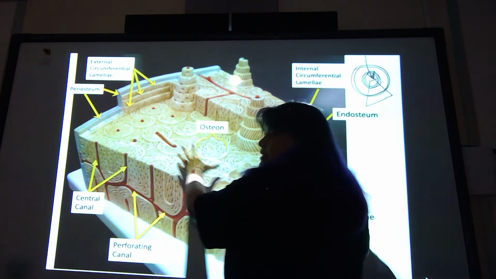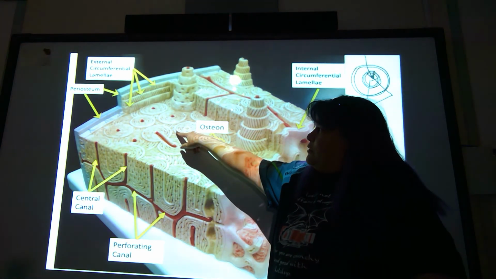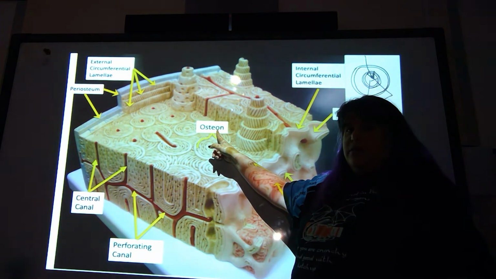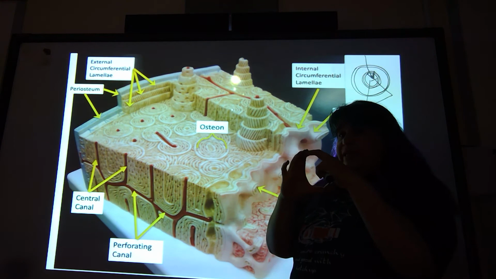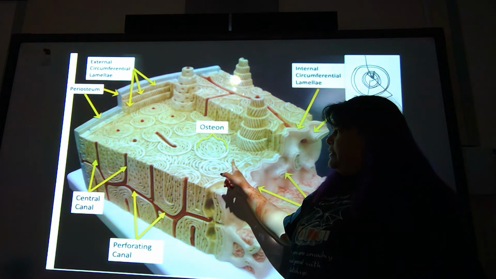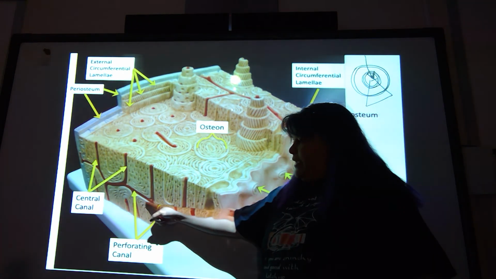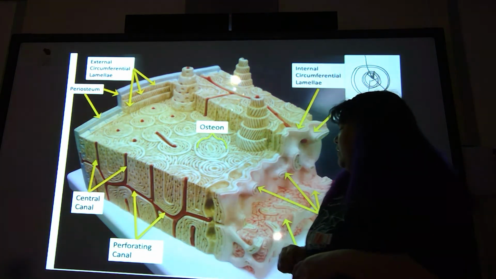Looking at the bone itself, see these circles? These are osteons, okay? As a unit, it is called an osteon. And in the center of these are the central canals. Going sideways would be the perforating canals.